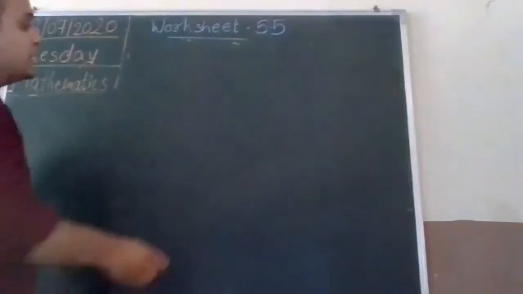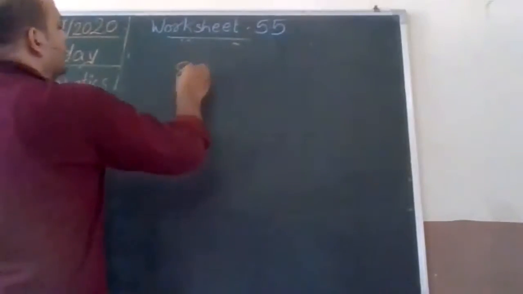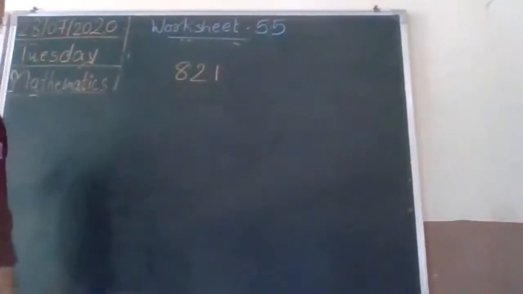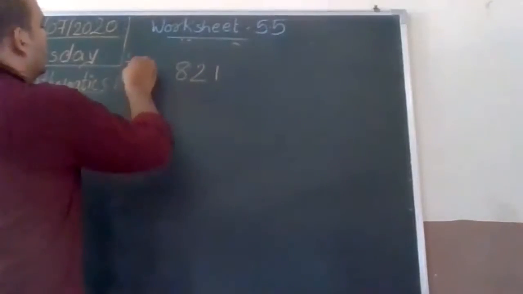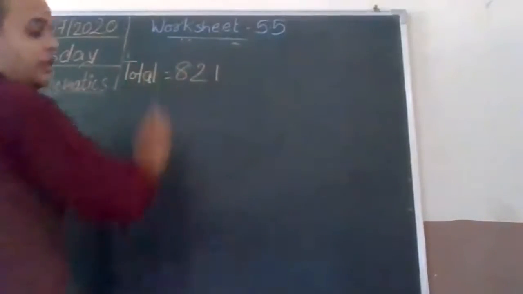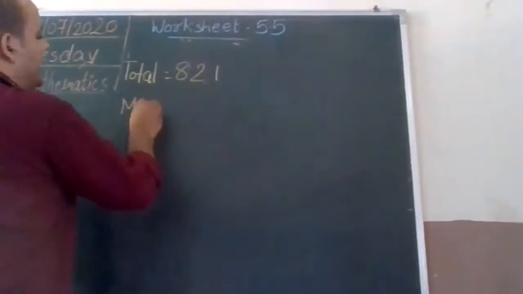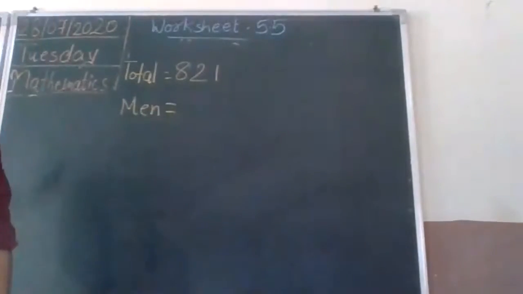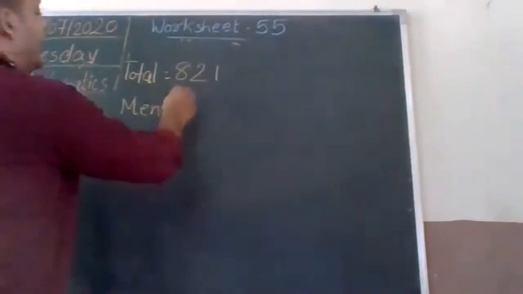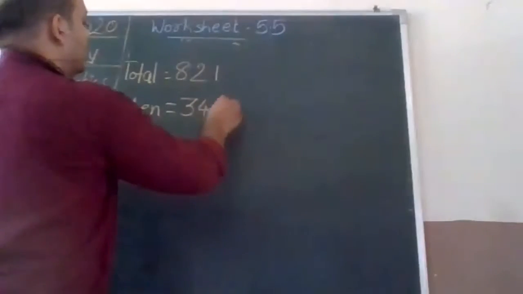The population of a town is 821. Okay, total is 821, right? Men are how many? 343.